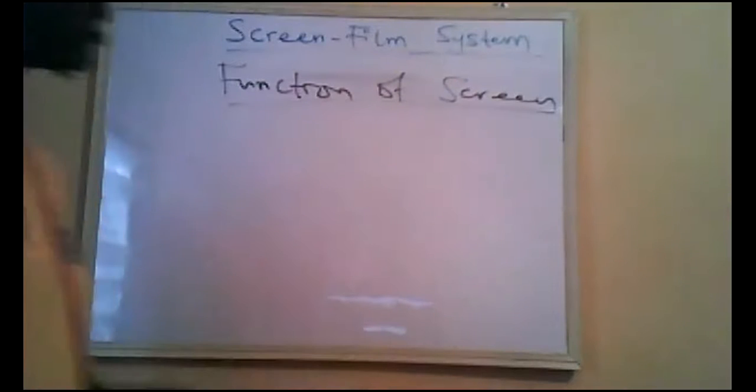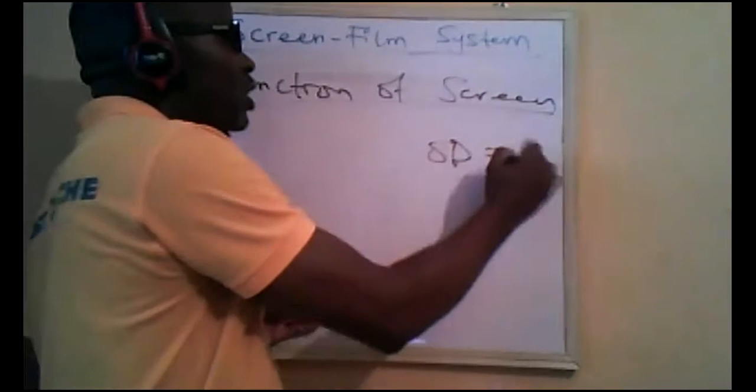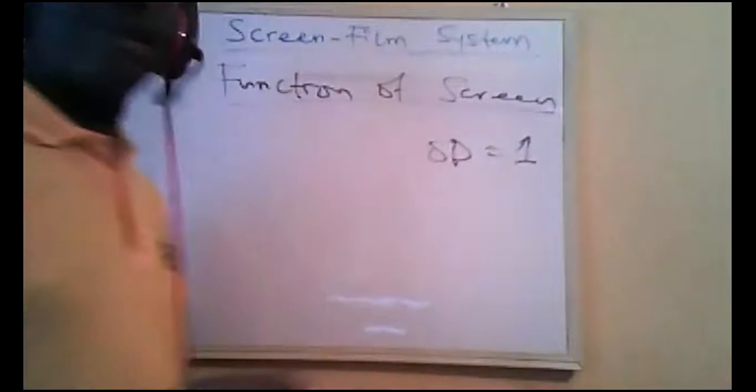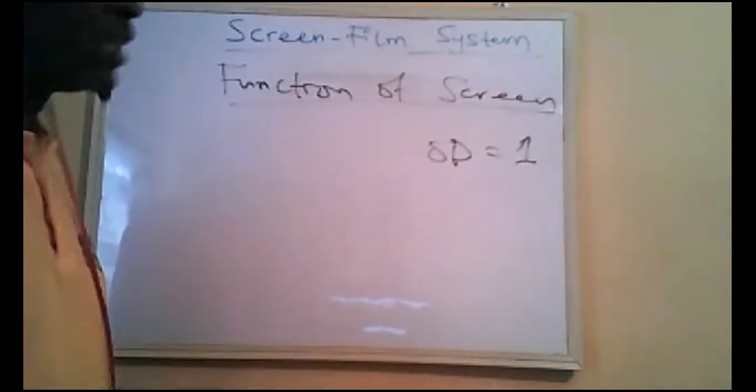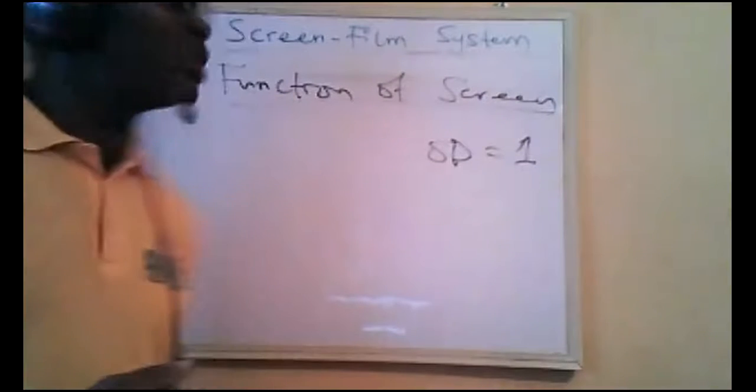If you need to have an optical density of, say, 1, then of course you need to use so much radiation that will become an issue when it comes to radiation protection.